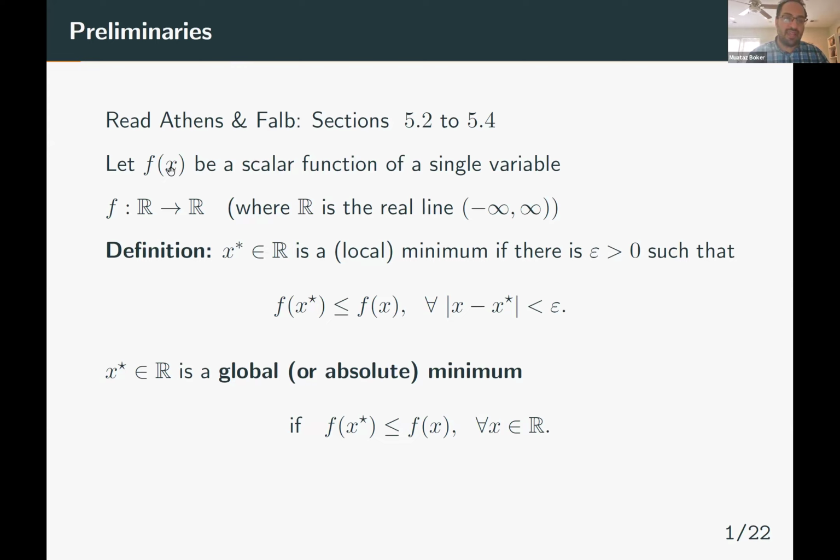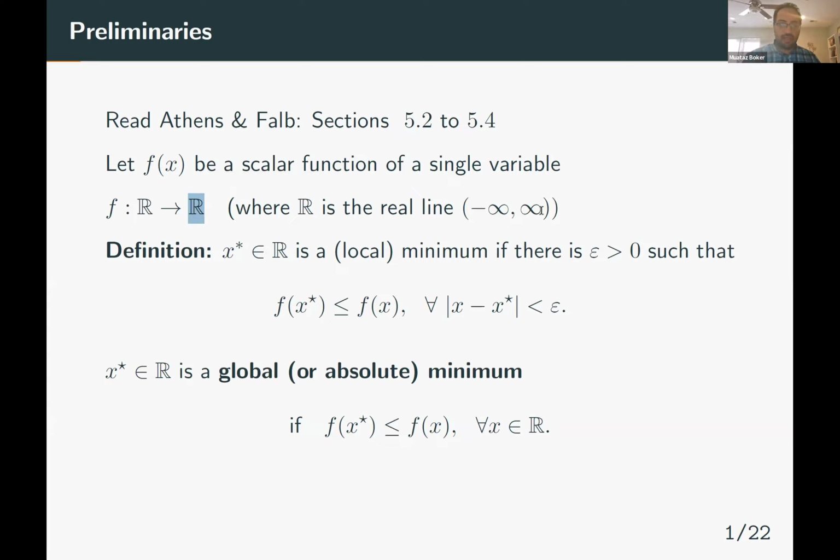It takes in a variable x as an argument of dimension 1 of real numbers, and it outputs a value of dimension 1, where R is the real line, from minus infinity to infinity, right?